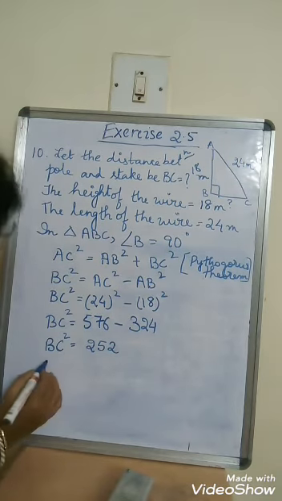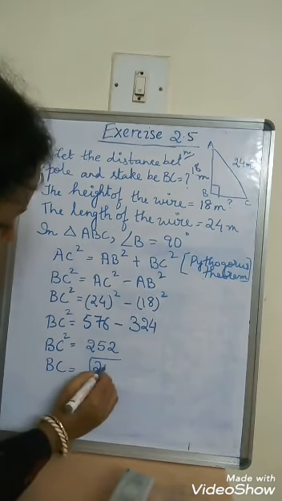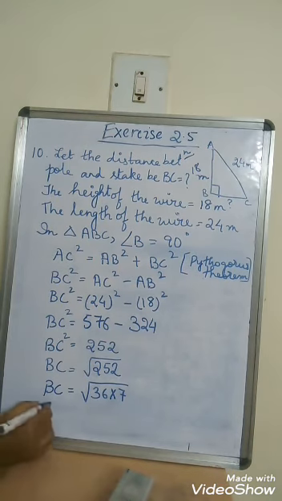Now we have to find out BC. BC is equal to square root of 252. Now the square root of 252 will not come exactly, so we have to break this. We are going to write root over 36 into 7. So what will be the answer?